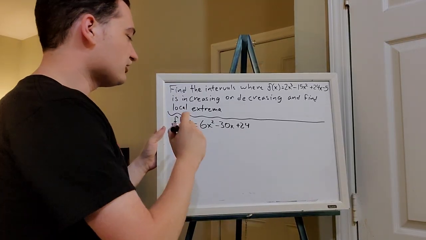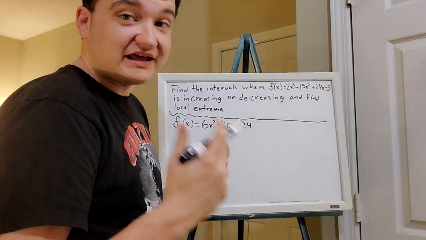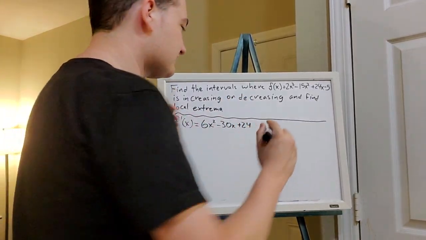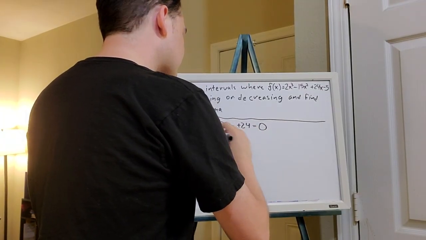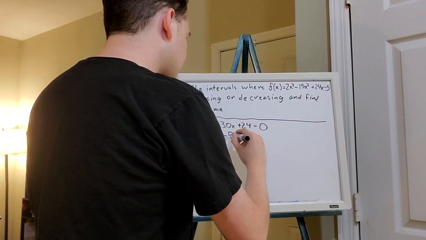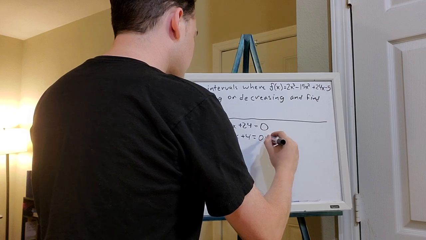Okay, so this is the derivative. We're going to set the derivative equal to 0. We're going to find critical points. Dividing by 6 doesn't do anything. x squared minus 5x plus 4 equals 0.